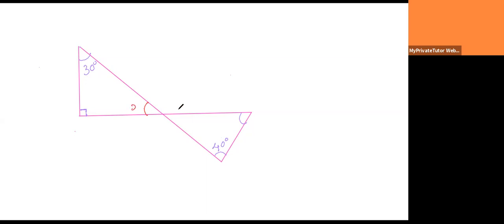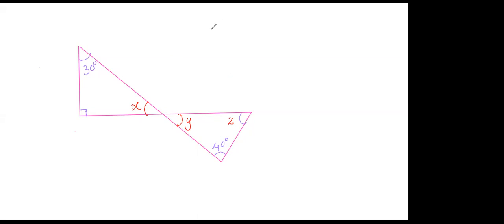Let's say this is X and let's say this is Y, and if you want we can say this is Z. Okay, we need to find these three angles. So can you please suggest how to find this, if you know, Joseph and Amira? Any idea how to find the angle XYZ here?